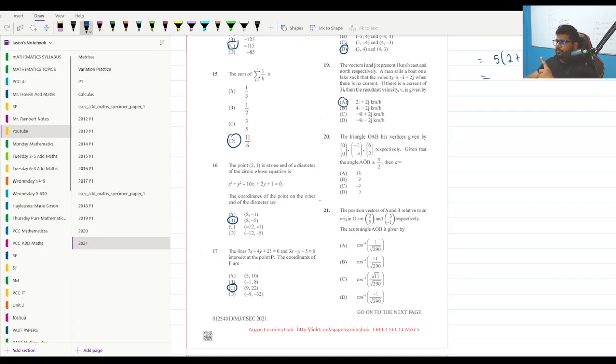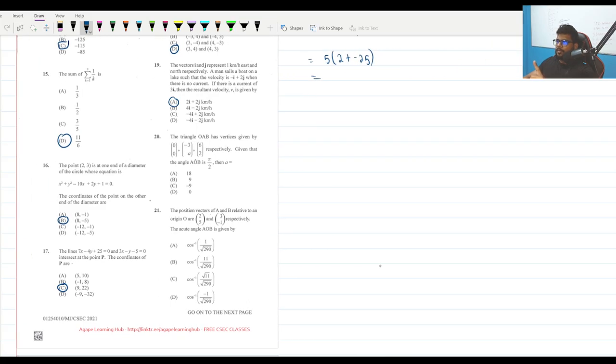Triangle OAB has vertices given by 0, 0, minus 3, a and 6, 2 respectively. Given that angle OAB is pi on 2, pi on 2 is 90 degrees, yeah, guys? Given that angle OAB is pi on 2, then a is equal to what? So 0, 0, 6, 2 and minus 3, a.